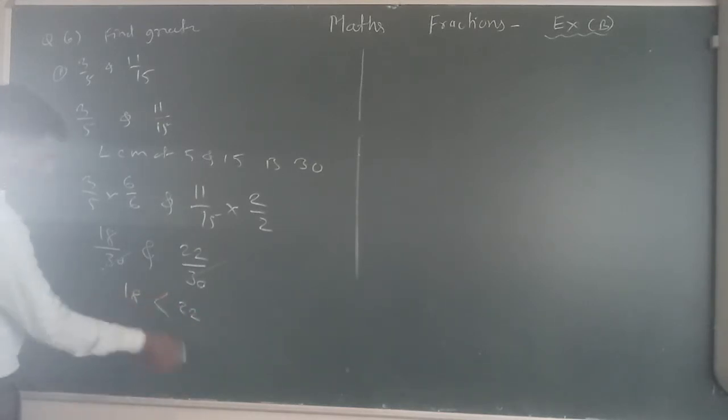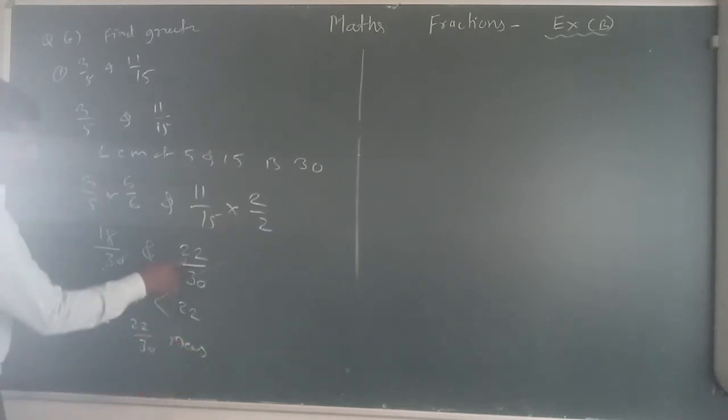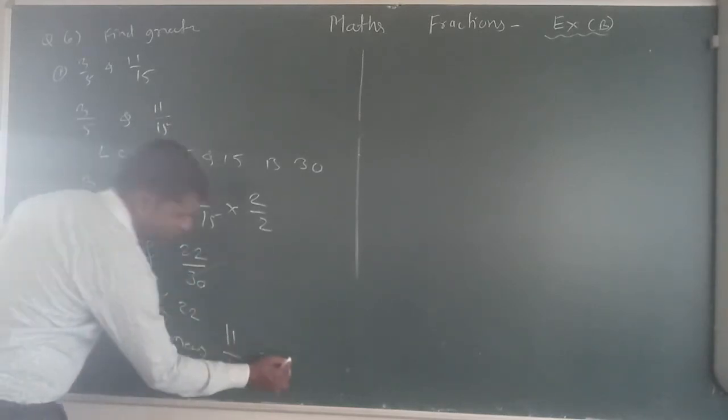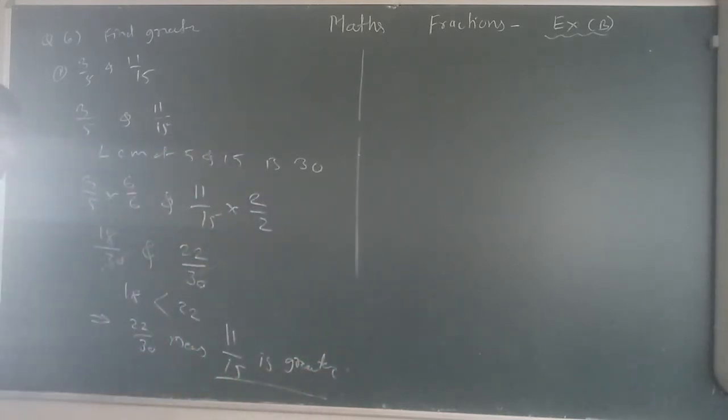Which is the greater? 22 is greater. So 22 upon 30 means 11 upon 15 is greater. इसका मतलब क्या पढ़ा है? Which is the greater? 11 upon 15 is the greater.